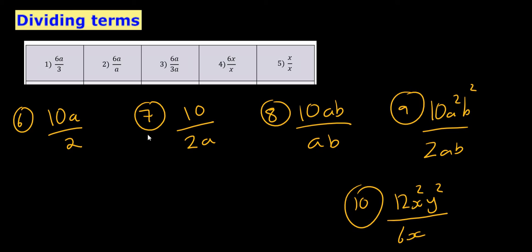Okay, so hopefully you've done that now. 10 divided by 2 is 5, and we have an a on the numerator. Here we're going to divide numerator and denominator by 2. Well, the numerator gives 5, denominator gives 1, and it's more elegant just to write 5 over a.